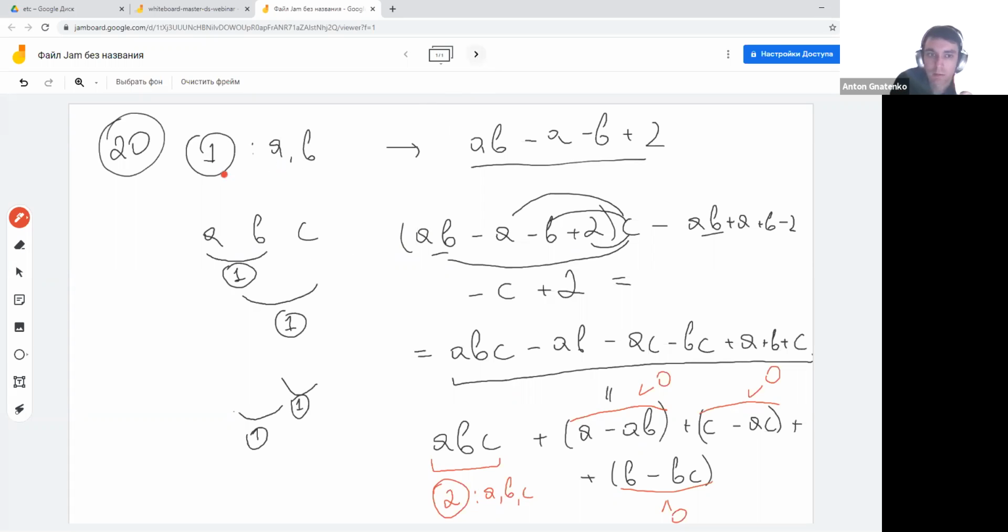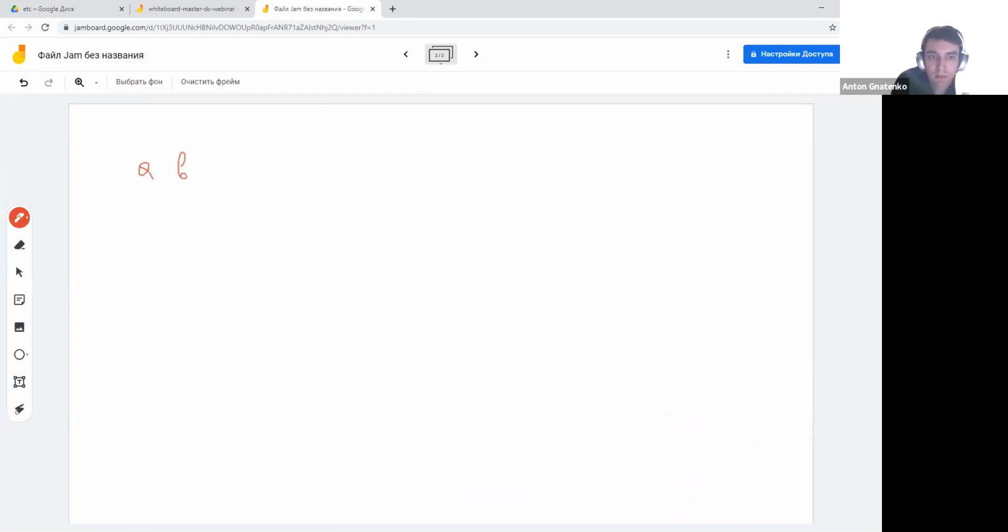So I will highlight it. If I had numbers A, B, and C, and I applied operation 1 and then operation 1 to the result and C, I have obtained something at least smaller, or at least not greater, than if I just took the three numbers and applied operation 2.